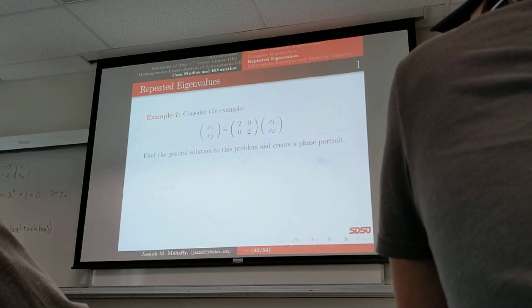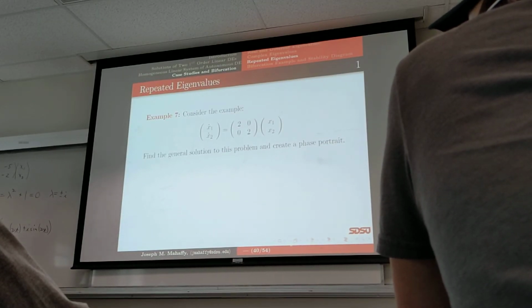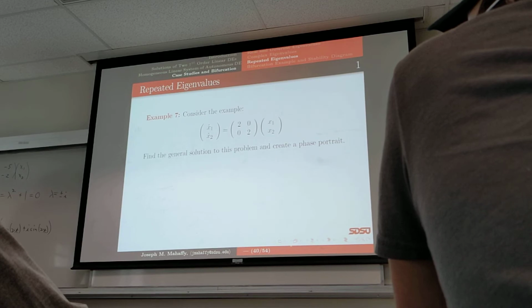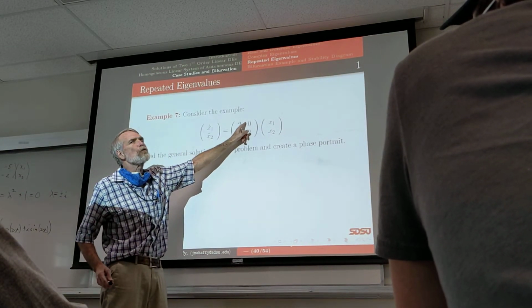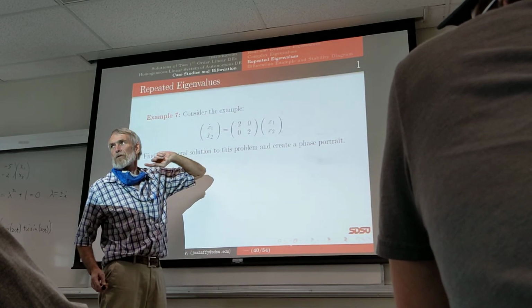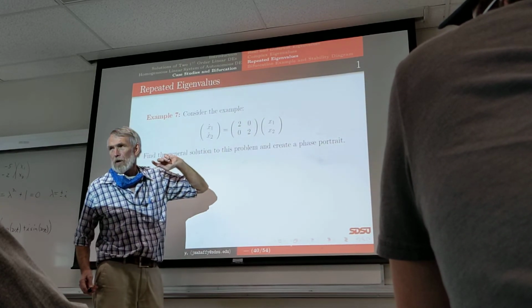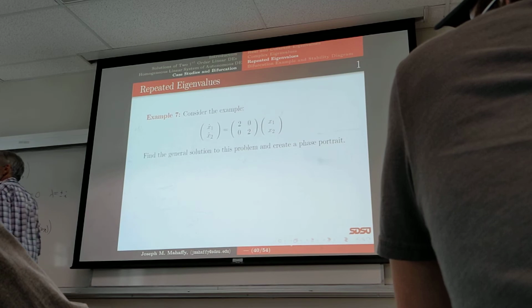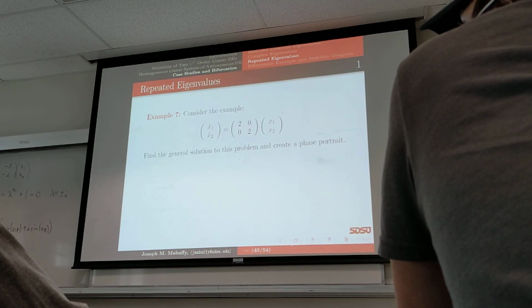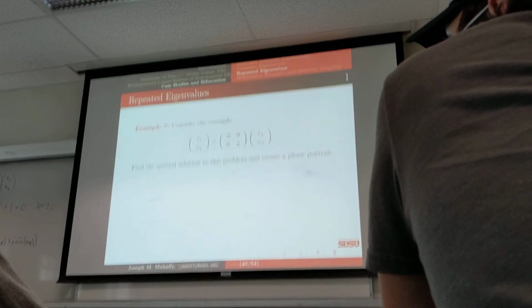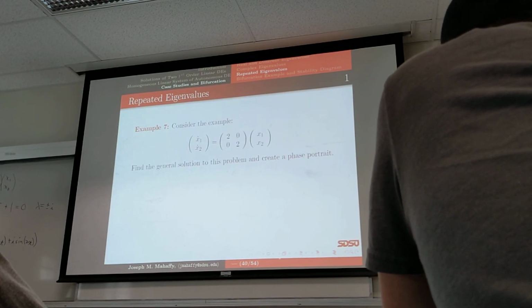You might as well take the coordinate axes. This is an easy one to do. But as soon as I put a 1 here, we only get one dimension. By the way, if you put a 1 there, that is in Jordan canonical form. All right. So you might want to review your repeated eigenvalues and null spaces, because we're going to go to the higher null space, or higher eigenspace.